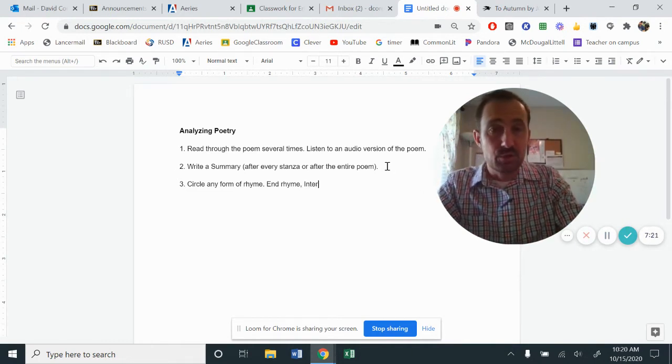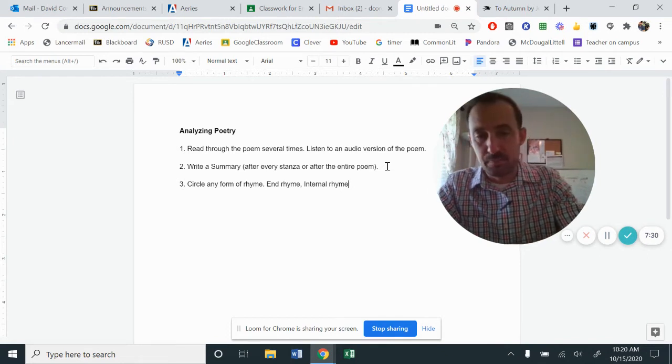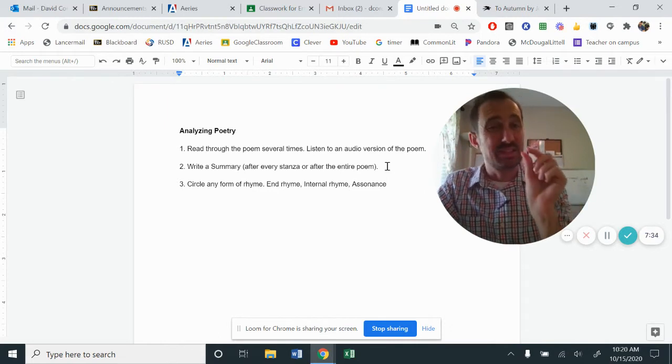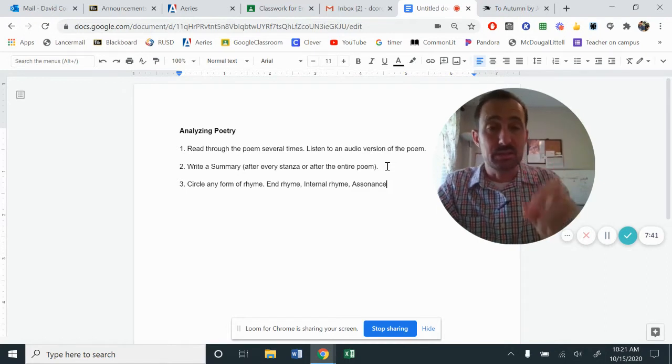This could be internal rhyme. So this could be words in the center of the line that make a pattern. There's also assonance, which is in the center of a word, not necessarily the entire word itself. It's in the rhyming part, happens in the center.